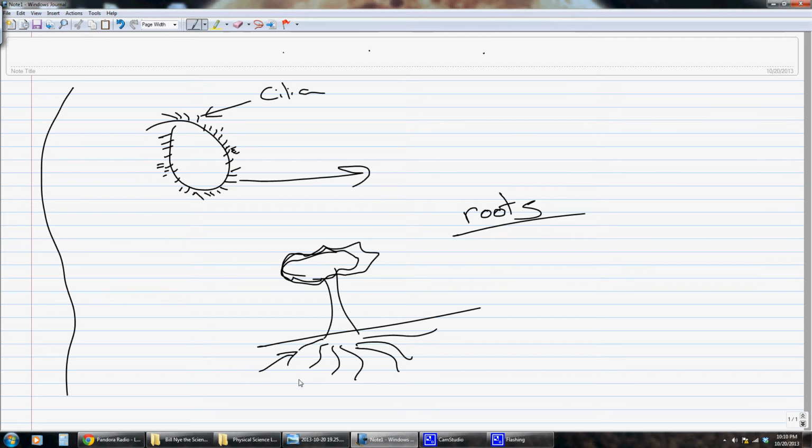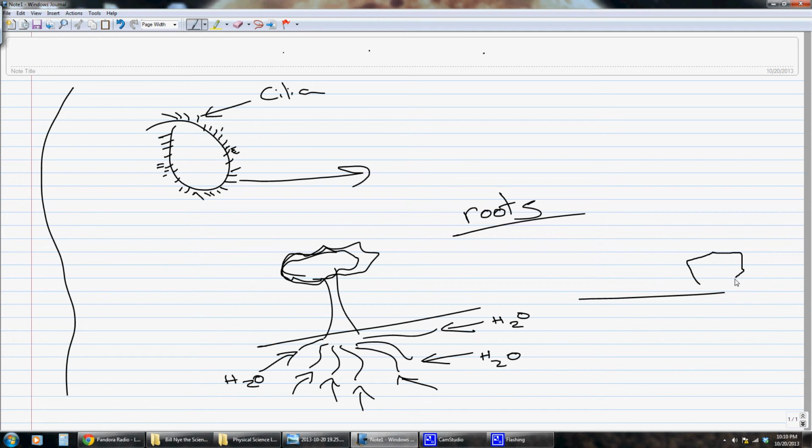Then I can draw little arrows going to the roots, and maybe I want to get really fancy. You want to use as few words as possible, so that's why it's more of an image thing. But in this case, I'm going to write H2O, because that stands for water. H2O, H2O, H2O. Then in the same picture, right next to it, here's a tree, and this tree has no roots.